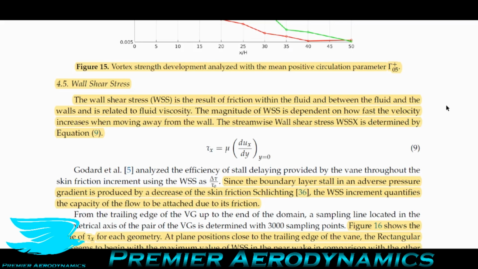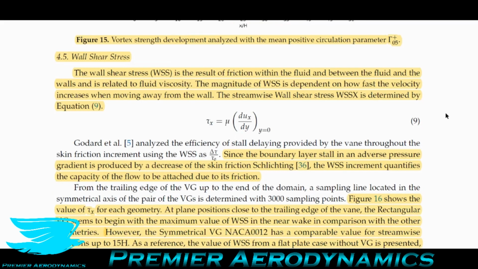And so seeing what the wall shear stress is for each of these vortices is really cool. So they've calculated this here. They said the wall shear stress is the result of friction within the fluid and between the fluid and the walls and is related to the fluid viscosity. The magnitude of the wall shear stress is dependent on how fast the velocity increases when moving away from the wall.